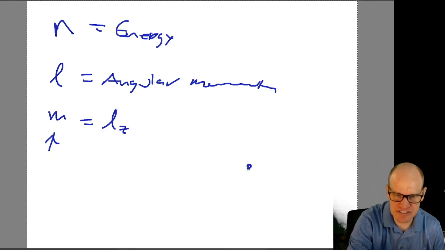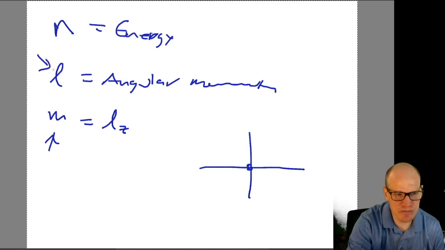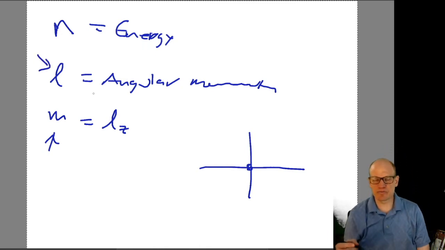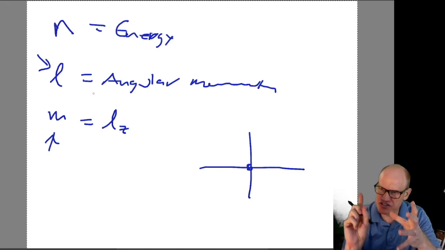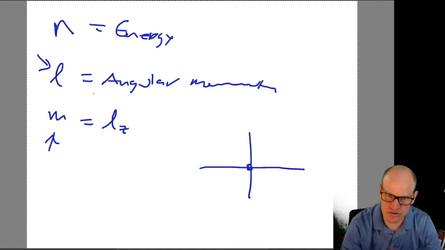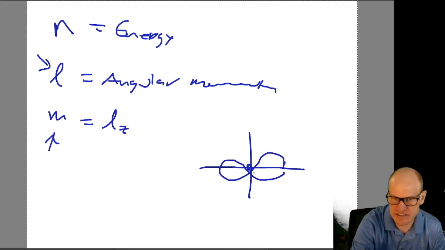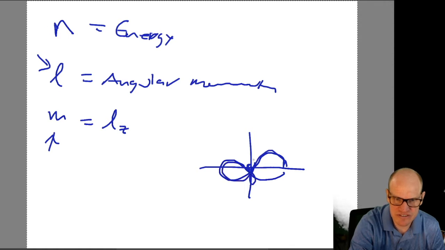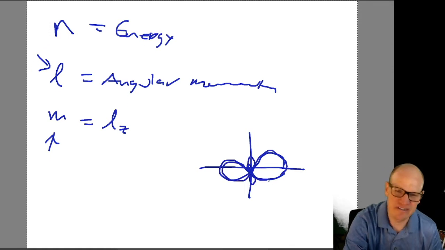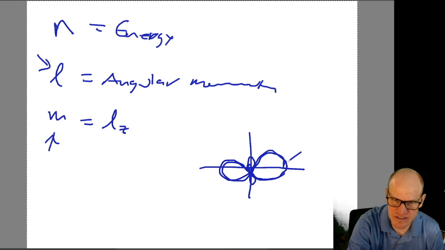So if you're looking down the Z axis, and you have some amount of angular momentum, the amount of angular momentum you have is how many nodes or oscillations you get as you go around the circle. How many oscillations do you have in this direction, like that? This one has 2, for example. And the other one that I drew, that has 4. Well, okay, it's got 3. It's got this one, that one, and this one.